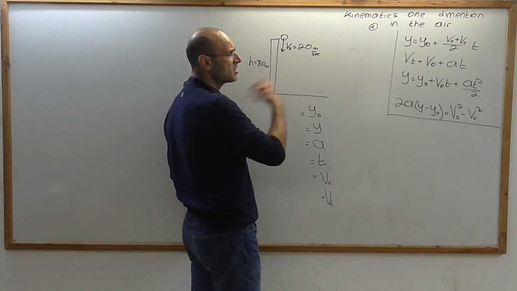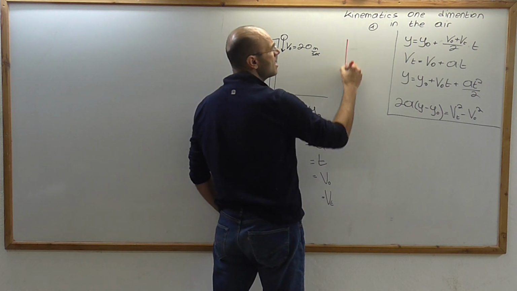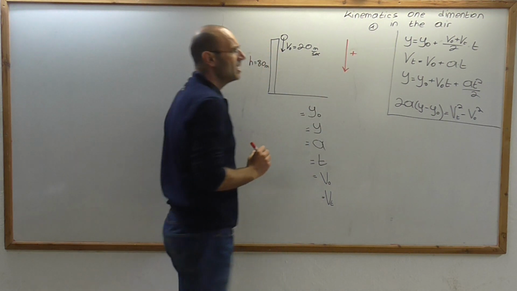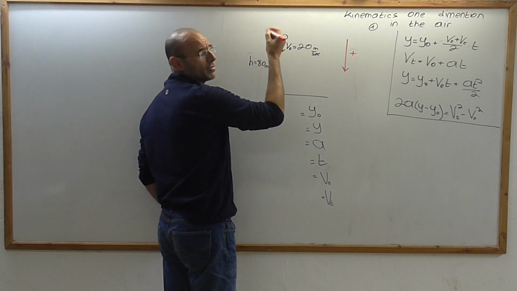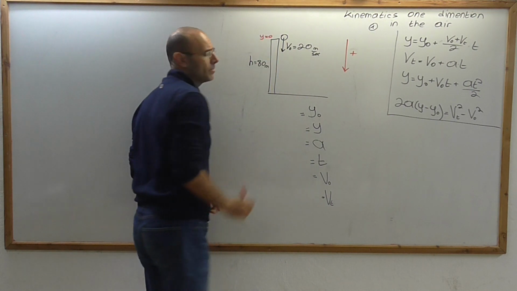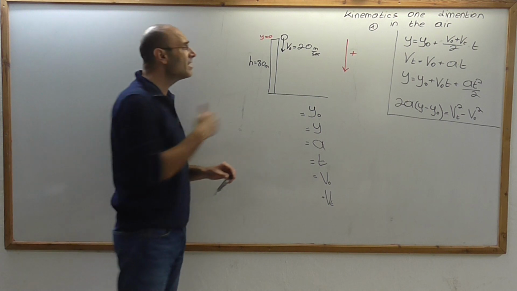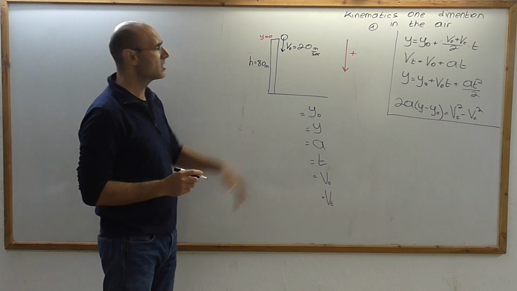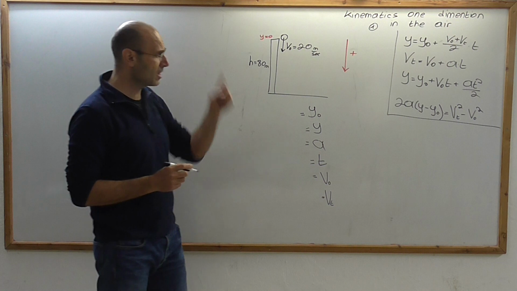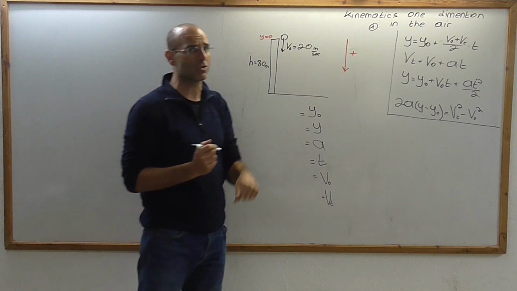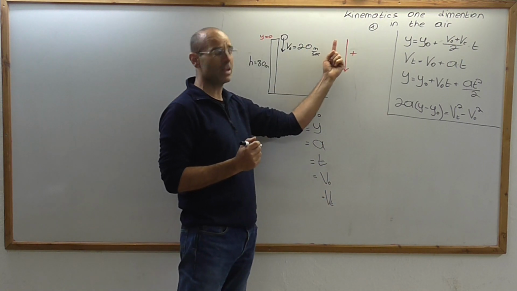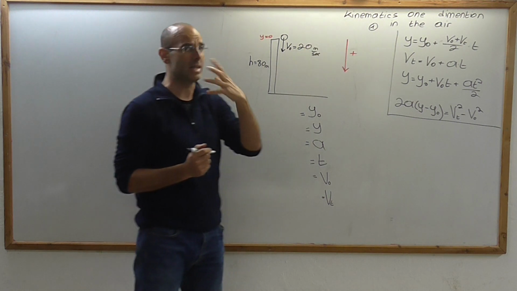We'll change it every exercise. In this exercise, let's say, this is the positive direction, and this is the origin, for example. This is y equals 0. And I define it every time, every exercise. So every vector in this direction will be positive. Every vector in that direction will be negative.